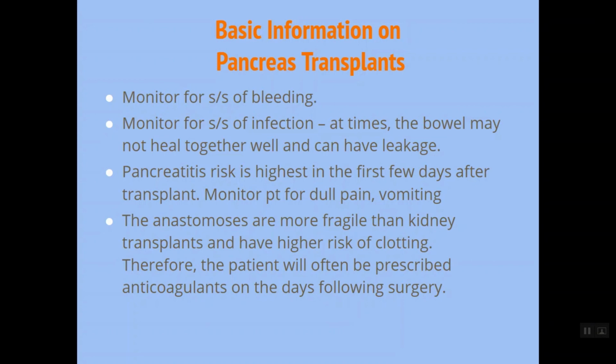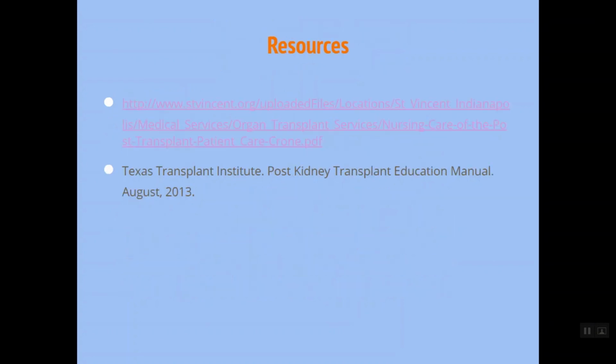Pancreatitis risk is highest in the first few days after transplant, so monitor for dull pain or vomiting. The anastomoses are more fragile than kidney transplants and have a higher risk of clotting. Therefore, the patient will often be prescribed anticoagulants on the days following surgery, so they may be on that heparin drip.